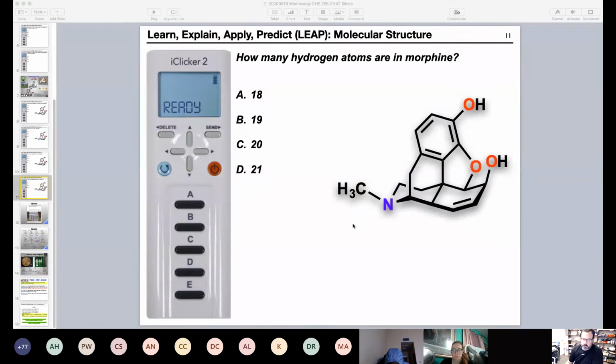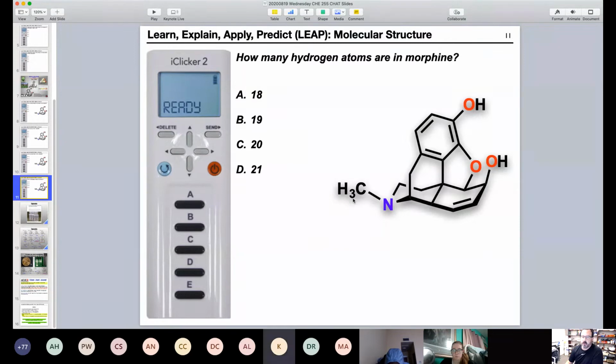So with the mouse, I'm going to point those hydrogens out. There's 3 right here, 3, 4, 5, 6, 7, 8, 9, 10, 11, 12, 13, 14, 15, 16, 17, 18, 19.